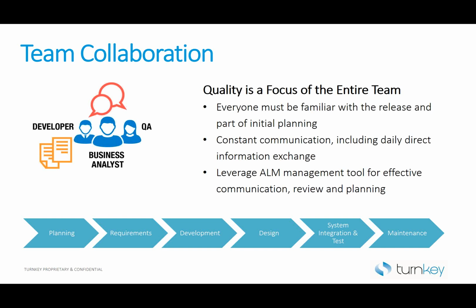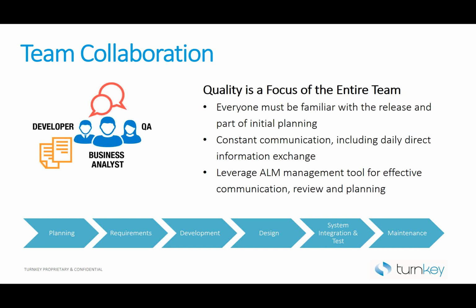Everybody has to be familiar with the release in all of its concepts and be part of the initial planning. So rather than being sequential, again, it's integrated, which includes constant communication, information exchange, and leveraging effective ALM tools to collect all this information and be a central hub or repository of the information, which facilitates communication, review, and planning.